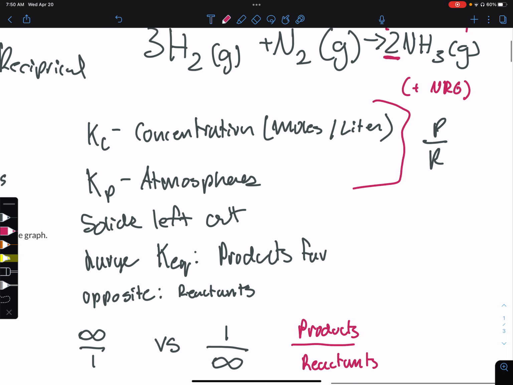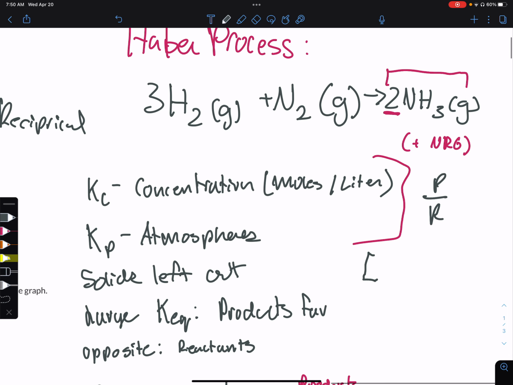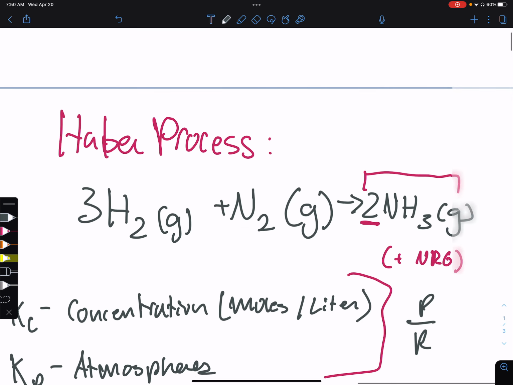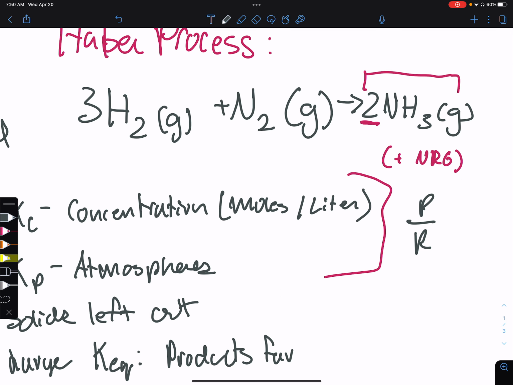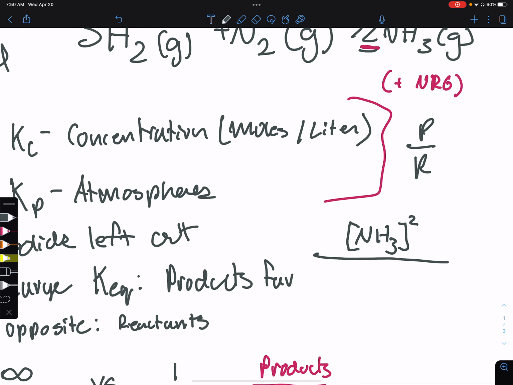Since we're doing products over reactants, we use square brackets because we're talking about KEQ. Don't worry, we'll get to the rounded brackets in a bit. So we write NH3, and because it has a coefficient of 2, we put a square on it, all over the reactants.